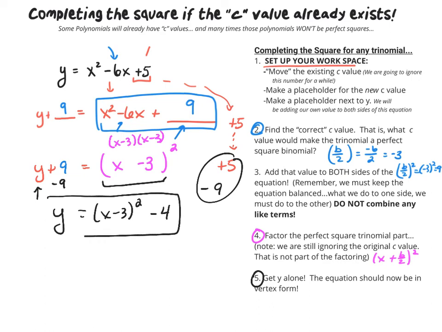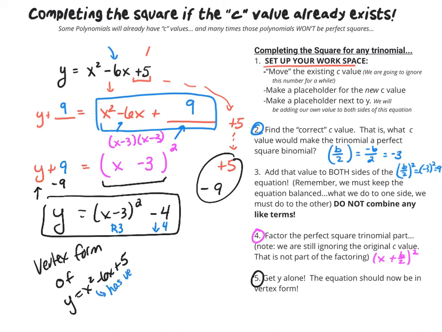So this is vertex form of the original equation, or the original parabola, x squared minus 6x plus 5. So using vertex form, this vertex must have moved right 3 and down 4. So we'd be able to say that this parabola has a vertex at the point 3, -4.